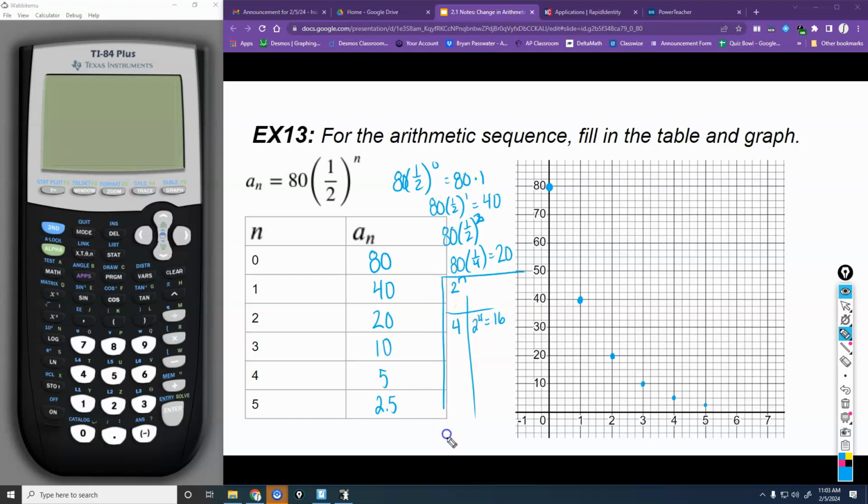This is a side note on why anything to the 0 power is 1. All right, so if I plug in 3, I have 2 to the 3rd, and that would give me 8. And I plug in 2, that would give me 2 squared, and I would have 4. And if I plug in 1, I'd have 2 to the 1st, and that would just give me 2. Right? We're good here. We know how to do that easily, right? But then I get to the point where I've got to plug in 0, and I've got 2 to the 0, and I've got to figure out what in the world that is.